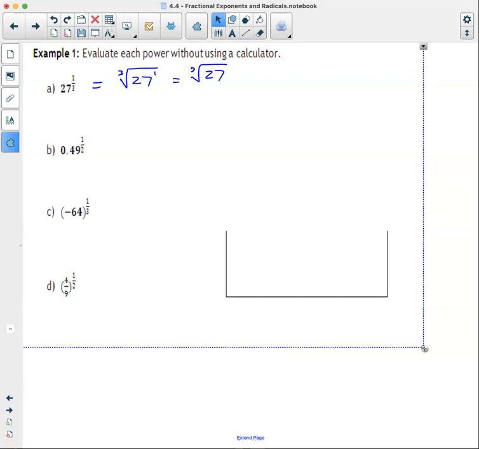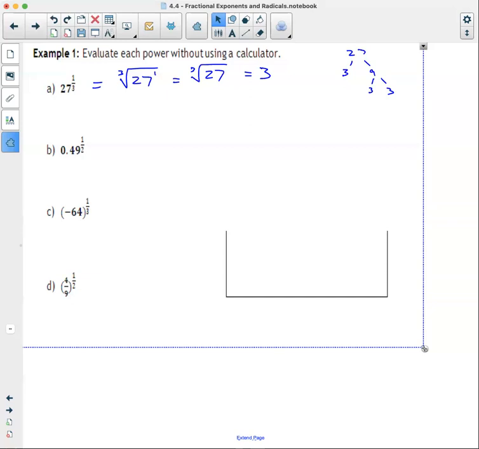Let's do our factor tree for 27. Because we're taking the cube root, we're looking for groups of 3, which is awesome because I see a group of 3 right there. So the cube root of 27 is just equal to 3.